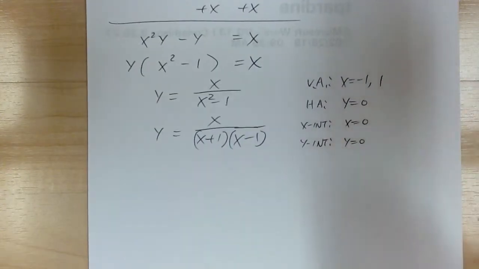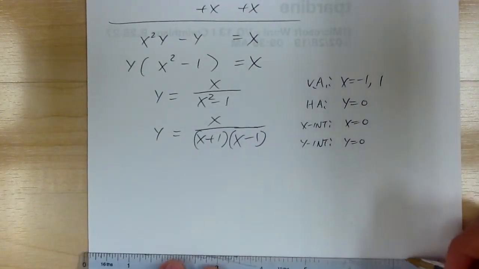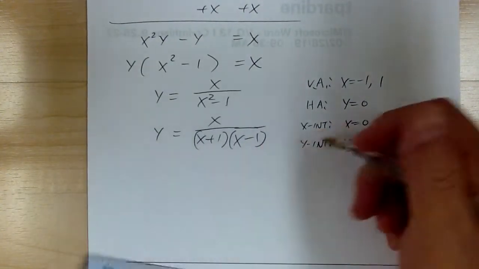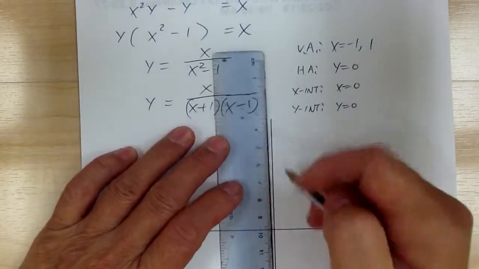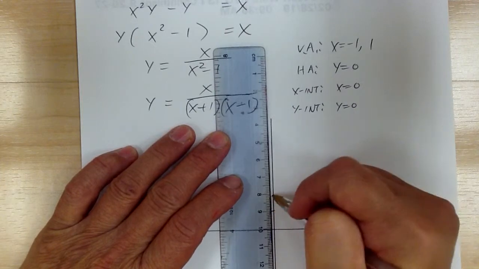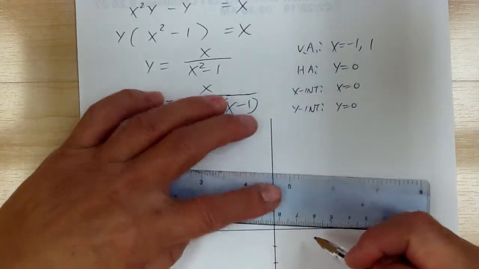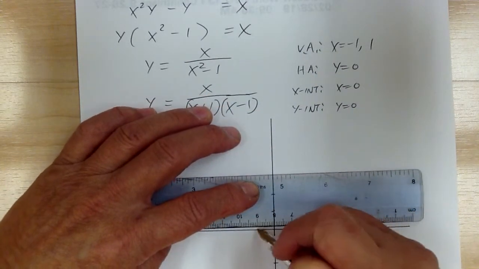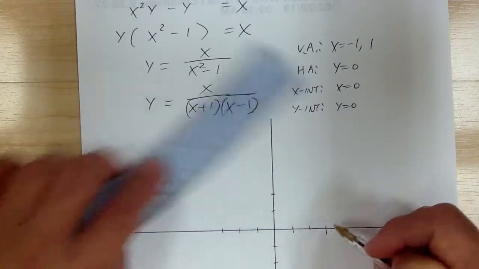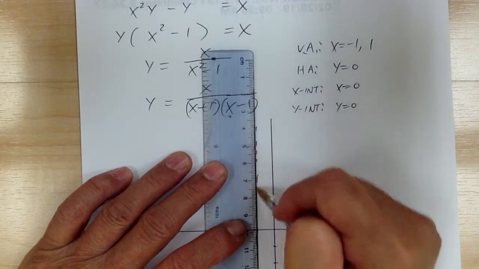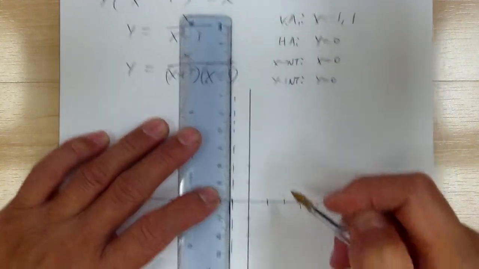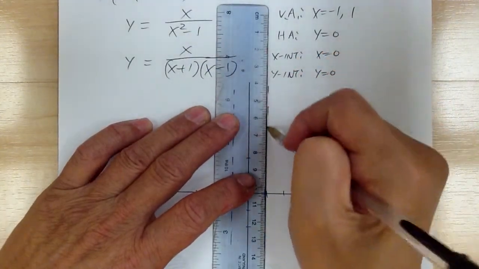So let's go and sketch. Vertical asymptote is -1 and +1.